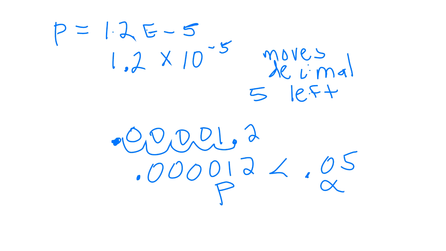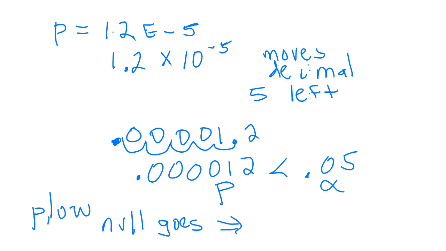We usually use 0.05, which means P low, null goes. And so what that means is it's significant.